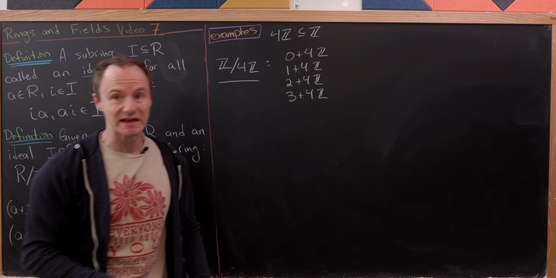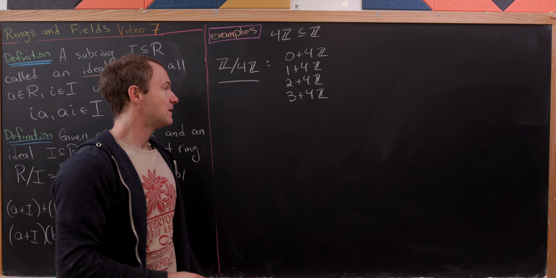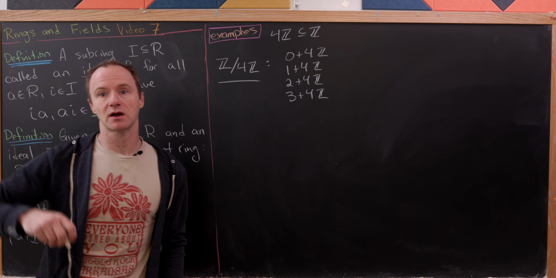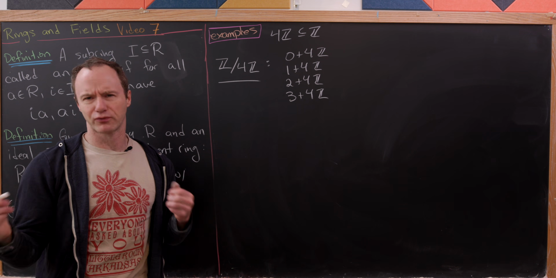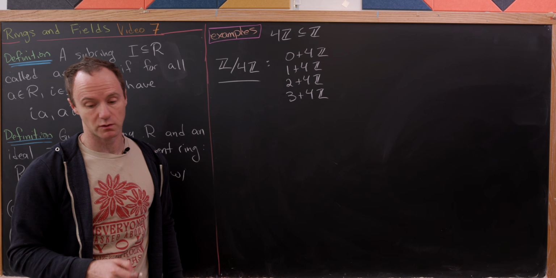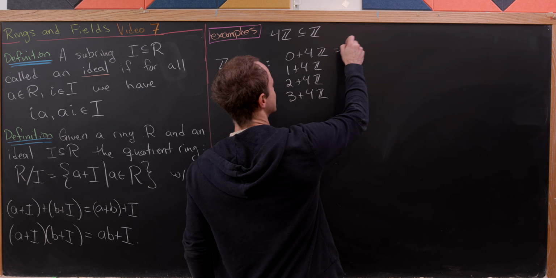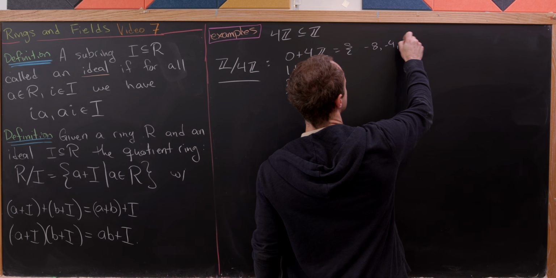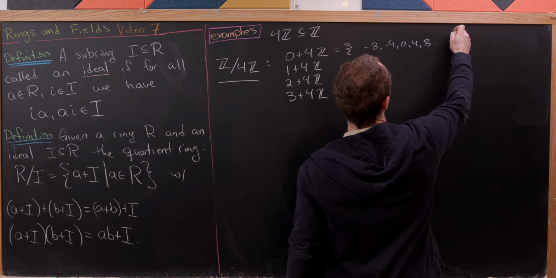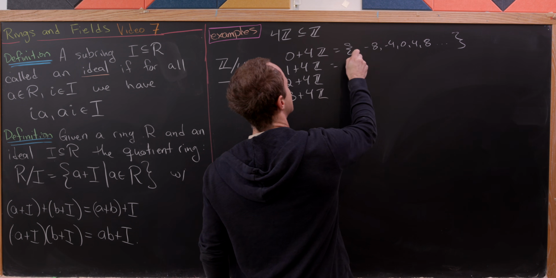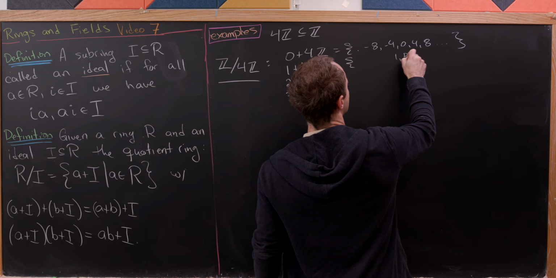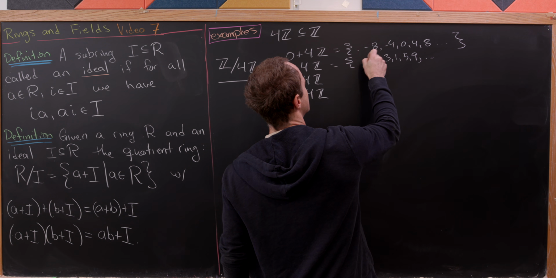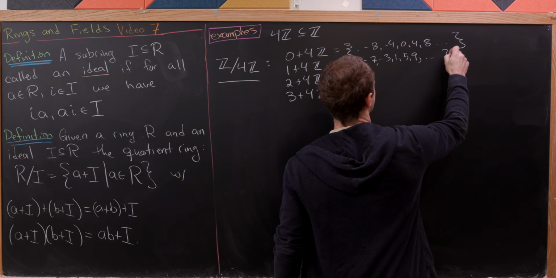We actually only need those elements because any other element will give us the same coset. And that's by that proposition when cosets were equal. Now we could write out some elements in this if we wanted to, like this would be like -8, -4, 0, 4, 8, so on and so forth. This one down here would be like 1, 5, 9, and then let's see, -3, -7, so on and so forth.